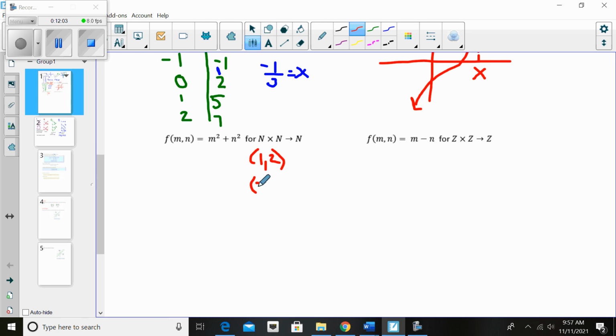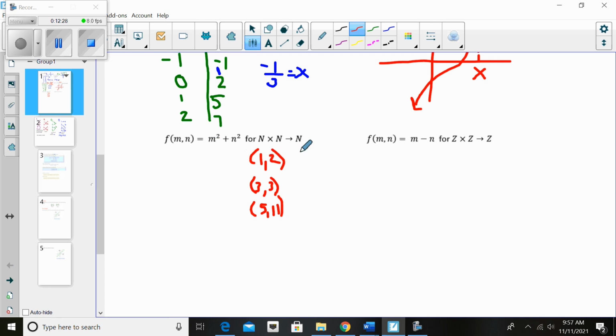So I might have (3, 3), (1, 2), (5, 11), just any ordered pairs of natural numbers. What this says is to input them, square each, and add them, and that's your output. And so the output will be another natural number.